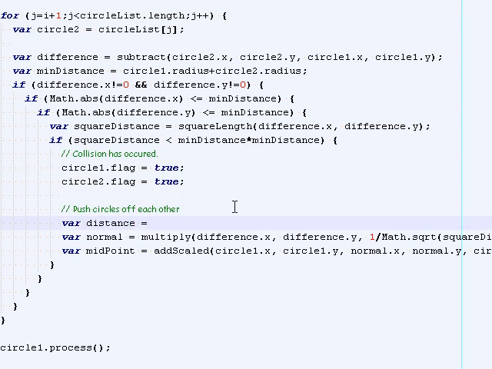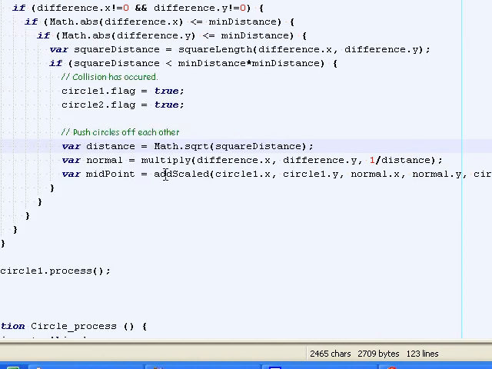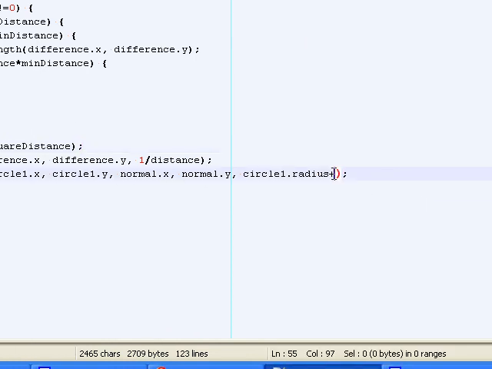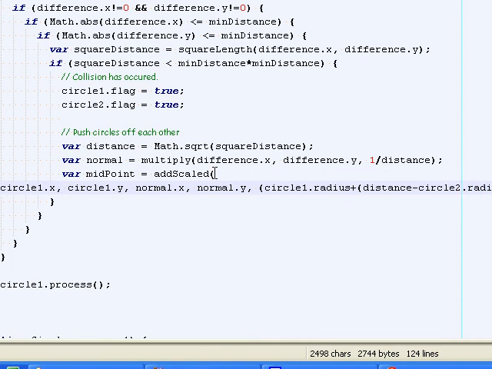Distance equals this, and hell if I'm ever going to do a square root unnecessarily. Yep. Distance minus circle 2 dot radius. Add those things together and divide them by 2. That's quite a long line. I'm going to make it a bit more readable.